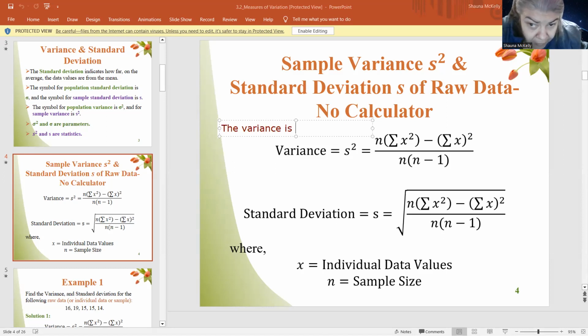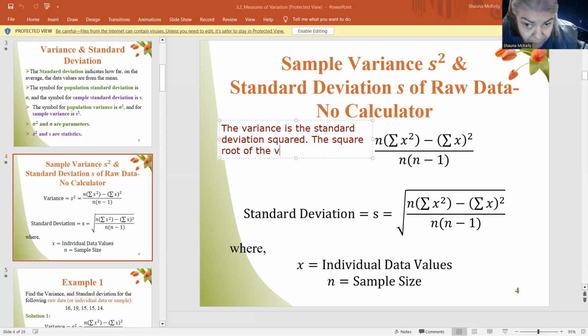variance is the standard deviation squared, or that the square root of the variance is the standard deviation. Okay, so you can write that in words as I just have done on the screen for you.